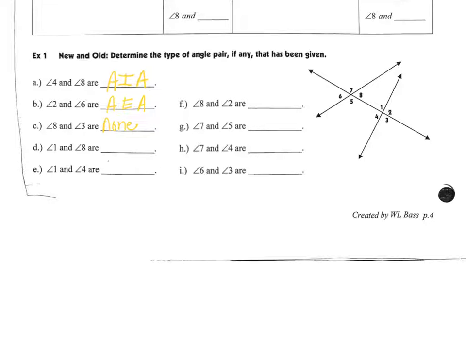The next set we're looking at is angle 1 and angle 8. And we can see they're both on the interior. And so those are corresponding interior angles.